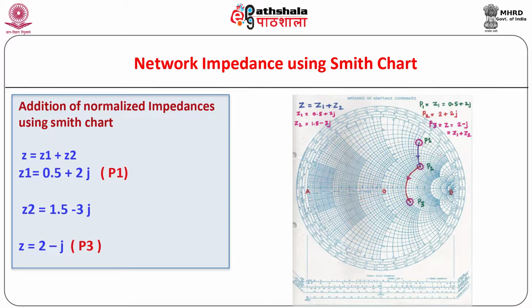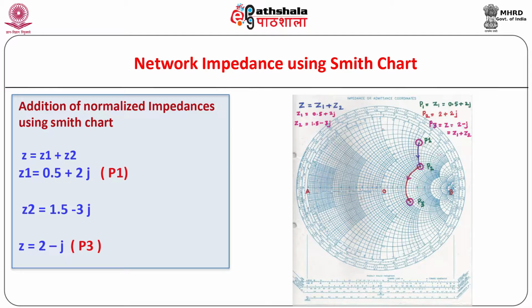Here P1 is equal to 0.5 plus 2j. Second step, from point P1, move horizontally through a distance of 1.5 along x is equal to 2j circle to reach the point P2 with R is equal to 0.5 plus 1.5, that is 2. This gives P2 equivalent to 2 plus 2j.